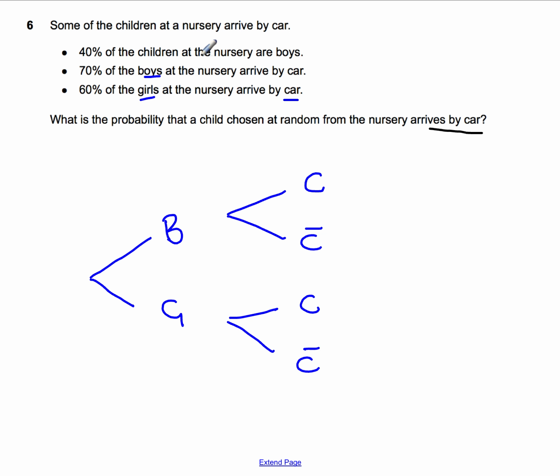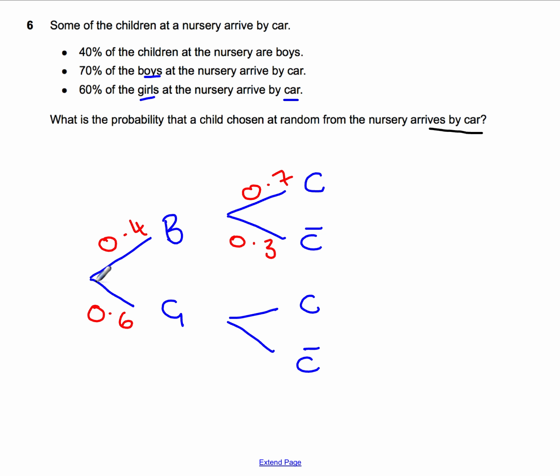So 40% of the children at nursery are boys. So let's fill this out. So we've got 0.4, okay, and girls is 0.6. It says 70% of boys at nursery arrive by car. So 70% of the boys, so we're moving along this part of the tree diagram, arrives by car, and therefore not by car is 0.3.